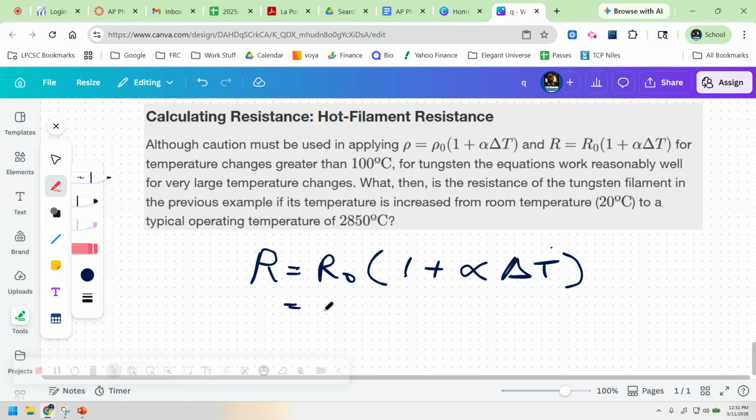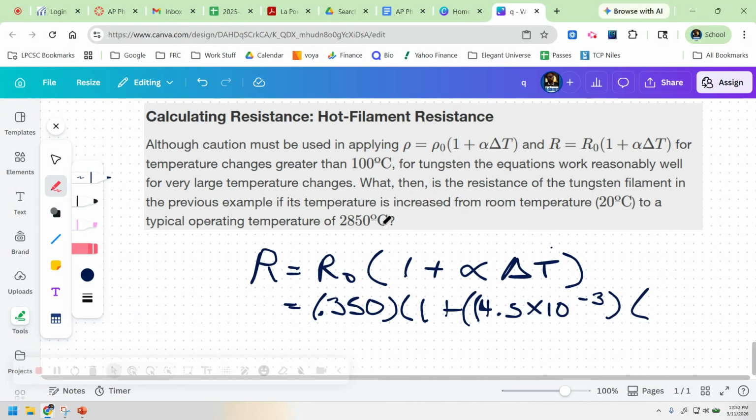Well, our initial resistance, remember from our previous example, was 0.35 ohms, times 1 plus alpha for tungsten, which was 4.5 times 10 to the -3. You have to look this up in your chart. Times the temperature difference.